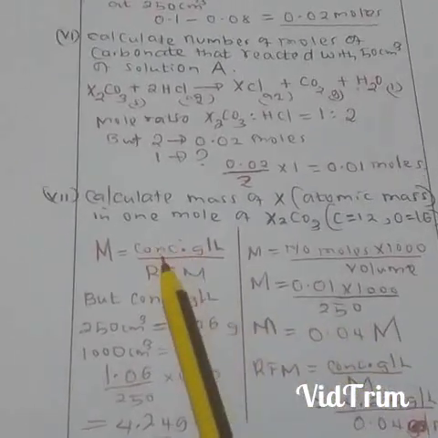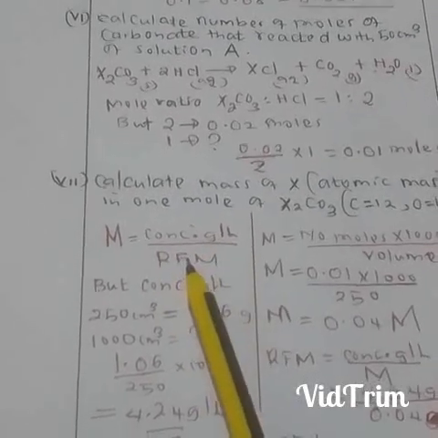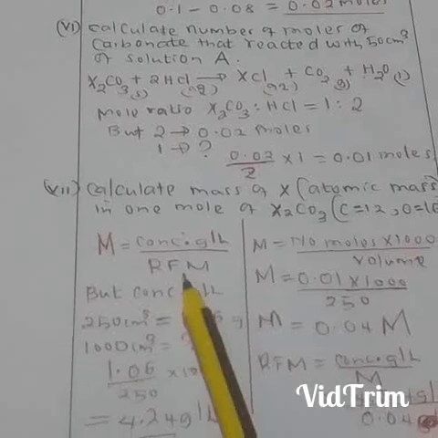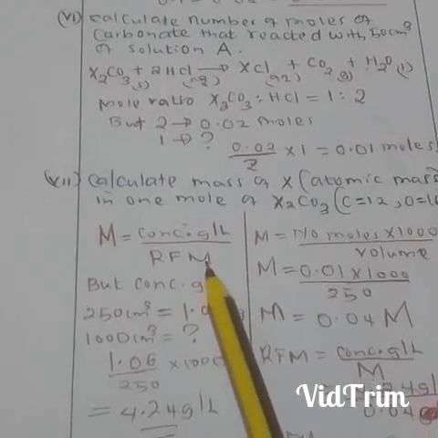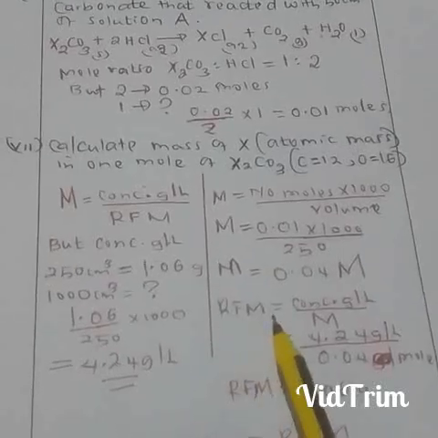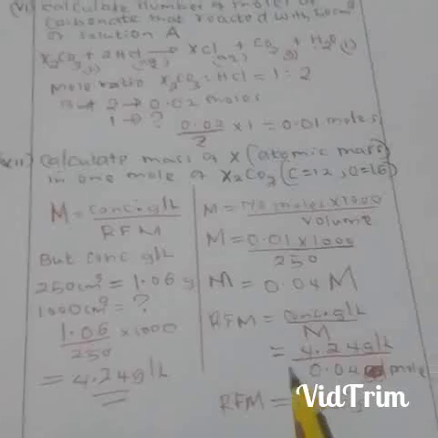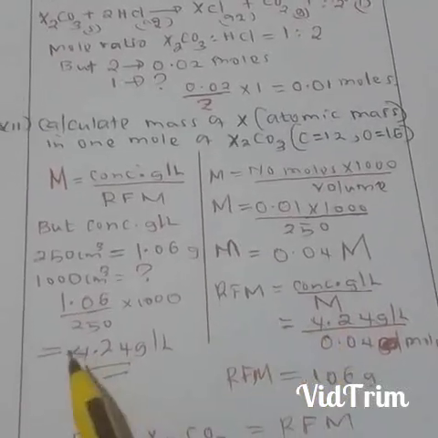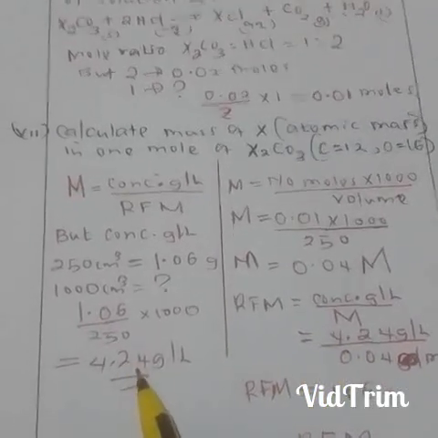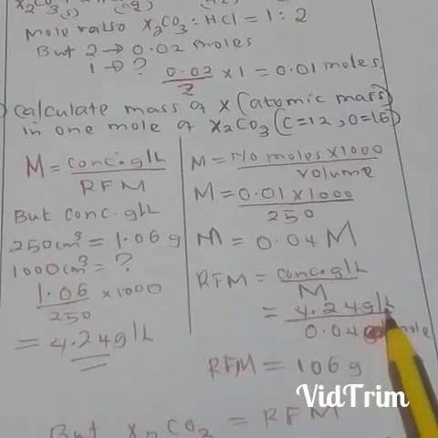Now if we come back to this first equation, molarity is equal to concentration in grams per liter all over RFM. So we make RFM the subject of the formula from the point of mathematics. RFM is equal to concentration in grams per liter all over molarity. So what's the concentration in grams per liter? We have calculated it here: 4.24 grams per liter.